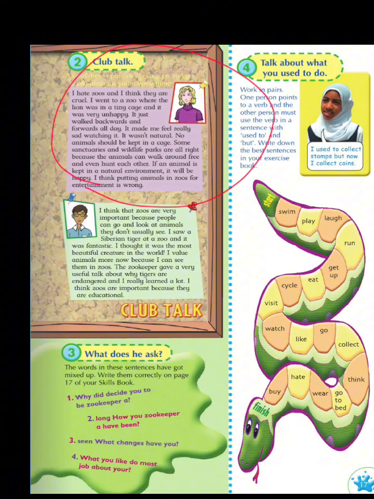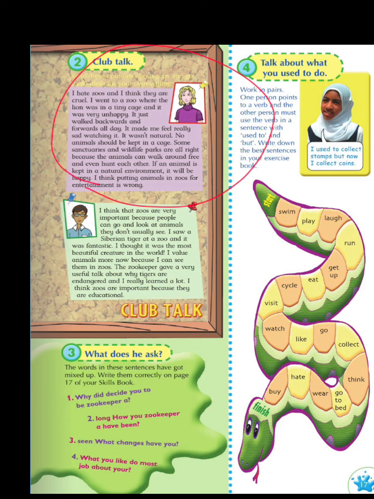I hate zoos and I think they are cruel. I went to a zoo where the lion was in a tiny cage and I was very unhappy. It just walked backwards and forwards all day. It made me feel really sad watching it. It wasn't natural. No animals should be kept in a cage.